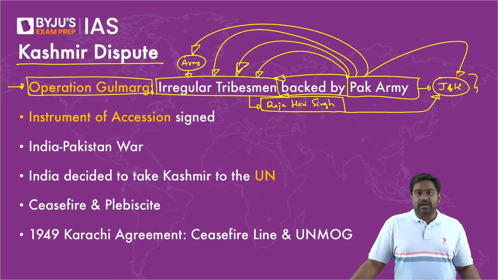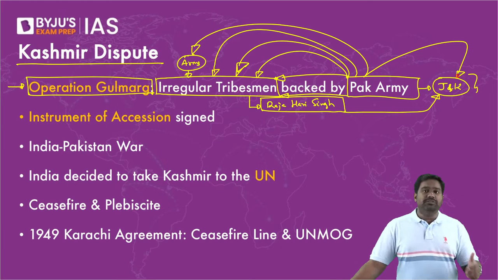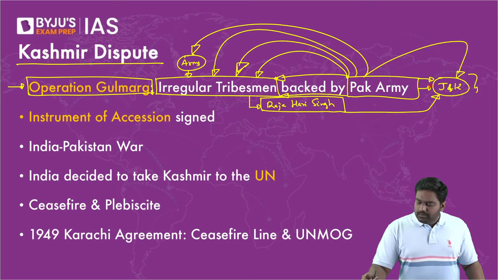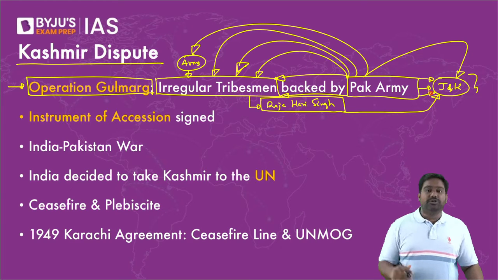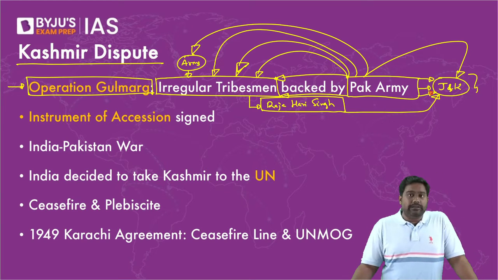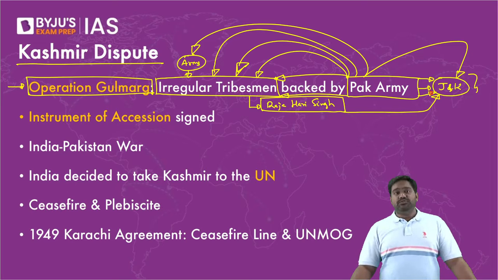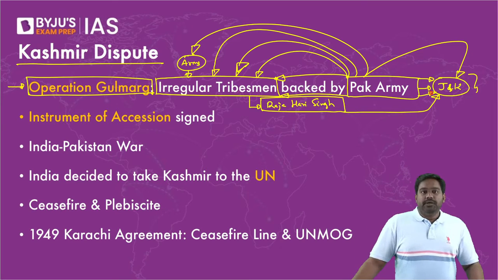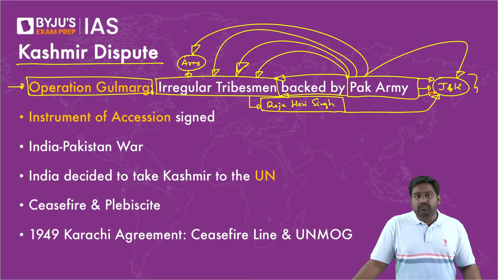Later, the Pakistani army would formally join this conflict, trying to cement the Pakistani position and trying to take this area entirely to merge it with Pakistan. So essentially, J&K was on the brink of collapse. In a matter of a few days or weeks, J&K would have been completely taken over by Pakistan.